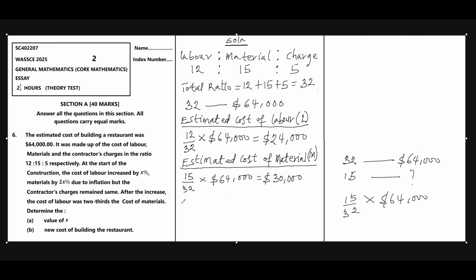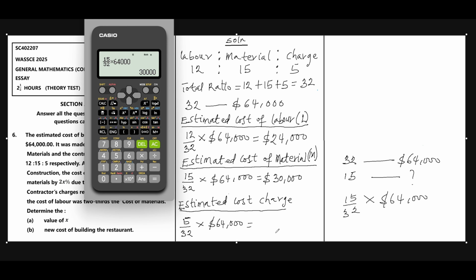The estimated cost of material was $30,000. And then lastly, let's also find out the estimated cost of the contractor's charge, how much he will charge for building the restaurant. We go by the same approach. The ratio for charge, that is 5 out of 32 multiplied by $64,000.